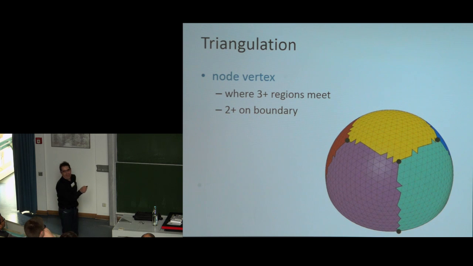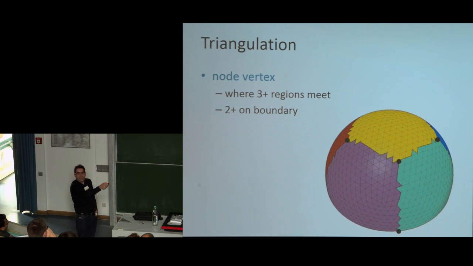We have a discrete partition here, where three regions meet. It's a discrete partition: we have one label that says this triangle is closer to the yellow plane, and so on. And for the vertices where three or more regions meet, inside the corner, two or more in the back.